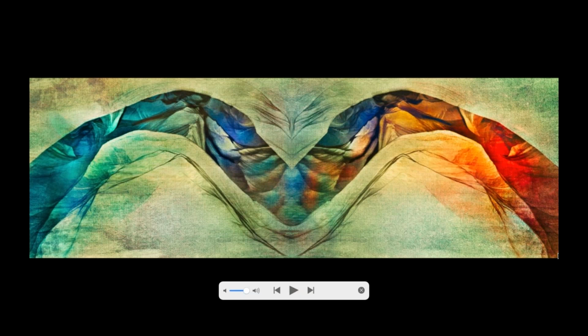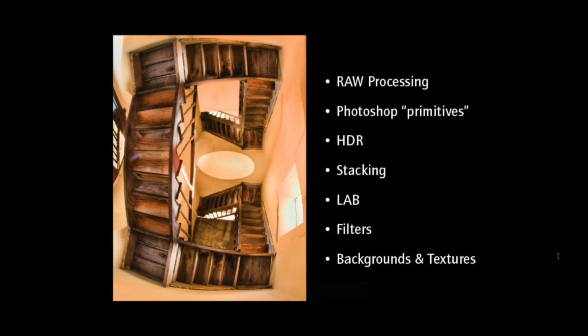So moving to my overall workflow. The bullet points in this slide show what I'm likely to do for image processing for a general image. So there's raw processing, that would be Bridge or Lightroom. There are various Photoshop primitives like editing, hue, saturation, things like that.